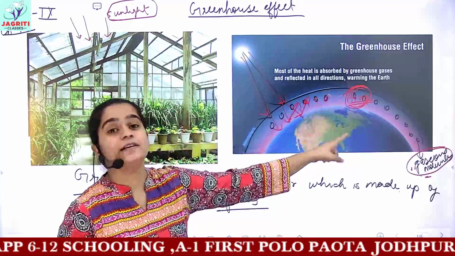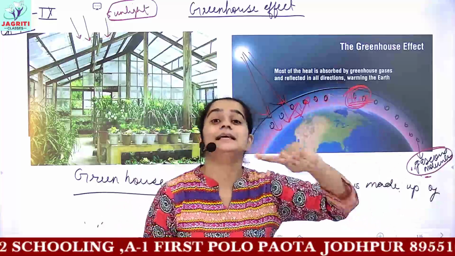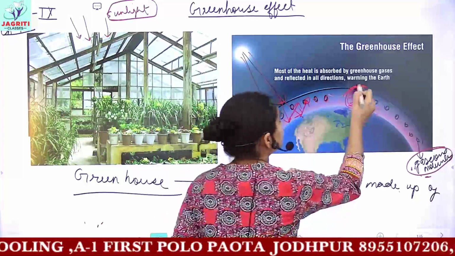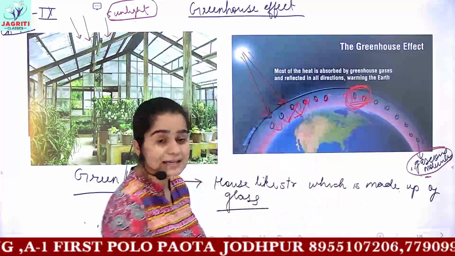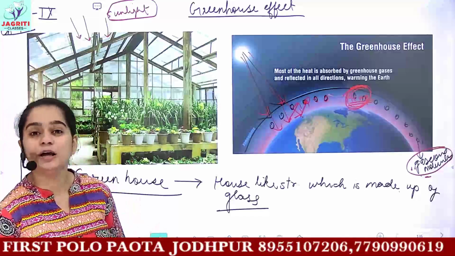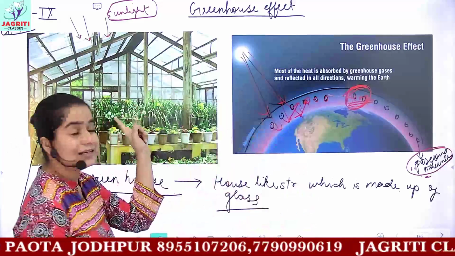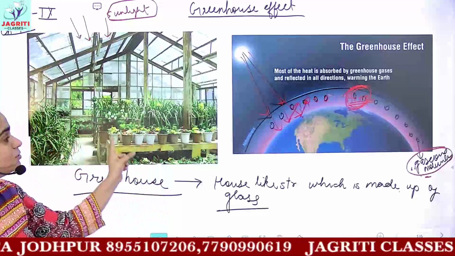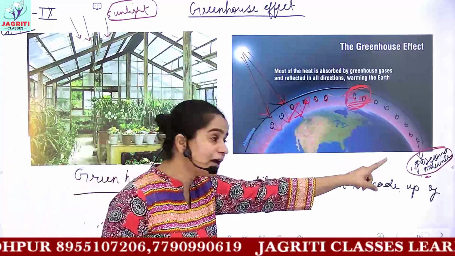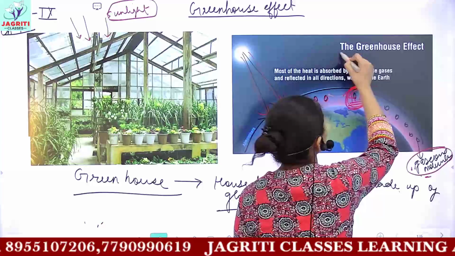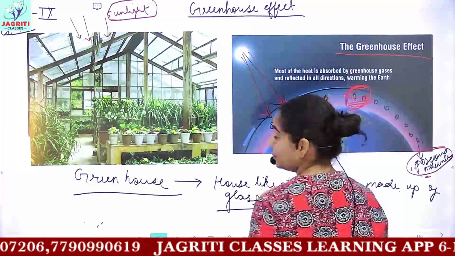And when the temperature of the earth is increasing due to the trapping of sun's heat energy, this is called global warming. Okay, I hope this is clear. Initially you have the greenhouse, then the greenhouse effect, and the increase in greenhouse effect is causing global warming.